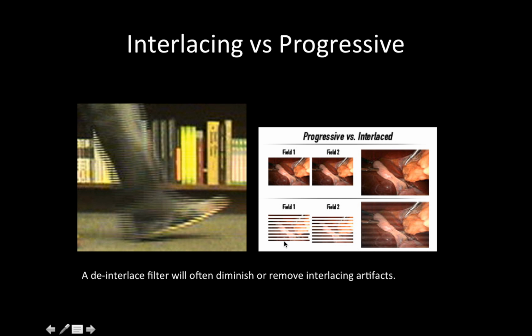When you see something that's 30 frames per second, you're actually seeing two fields of images. Every other line is in the first field, and then every other line is shown in the second field. But these happen so fast that you don't see them. They just blink in front of you.